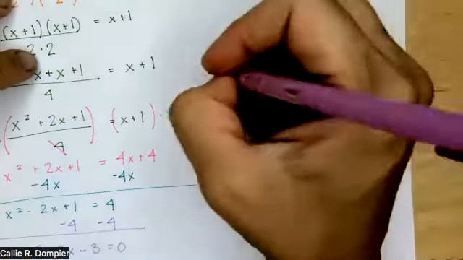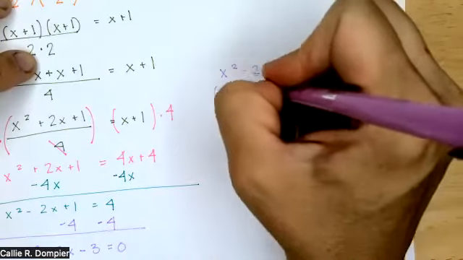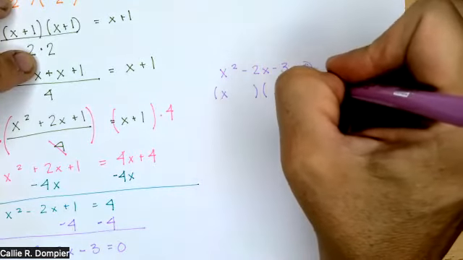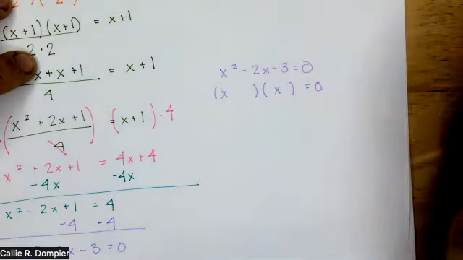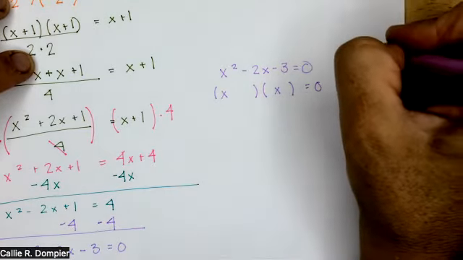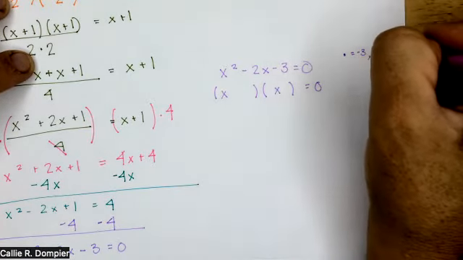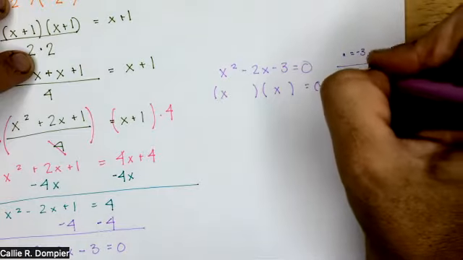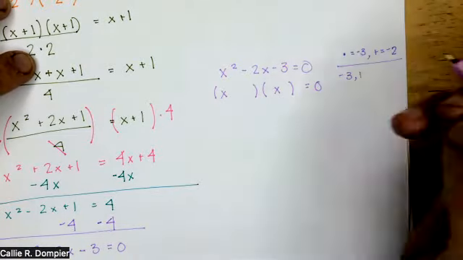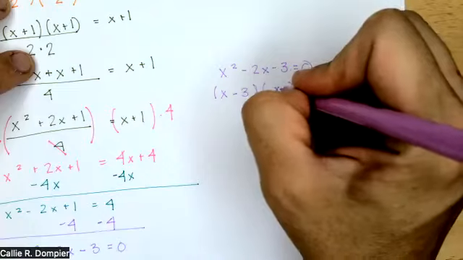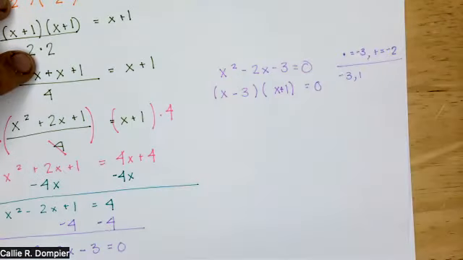Is this factorable? It needs to multiply to equal -3, add to equal -2. Yeah, it could be -3 and 1, right? Those multiply to equal -3, and they add to equal -2.